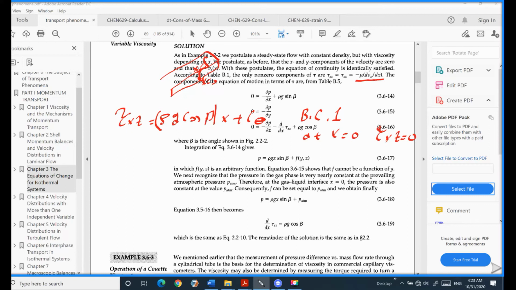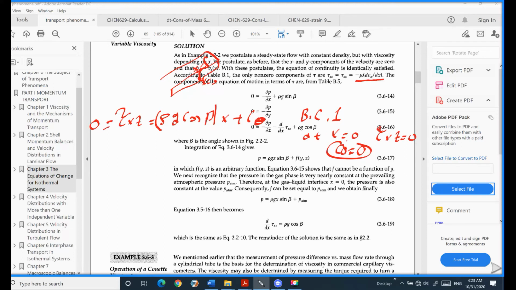So as a first boundary condition, when we put x as 0, then we obtain C1, let's call it C0, is going to be 0, from here to obtain this equal to 0.